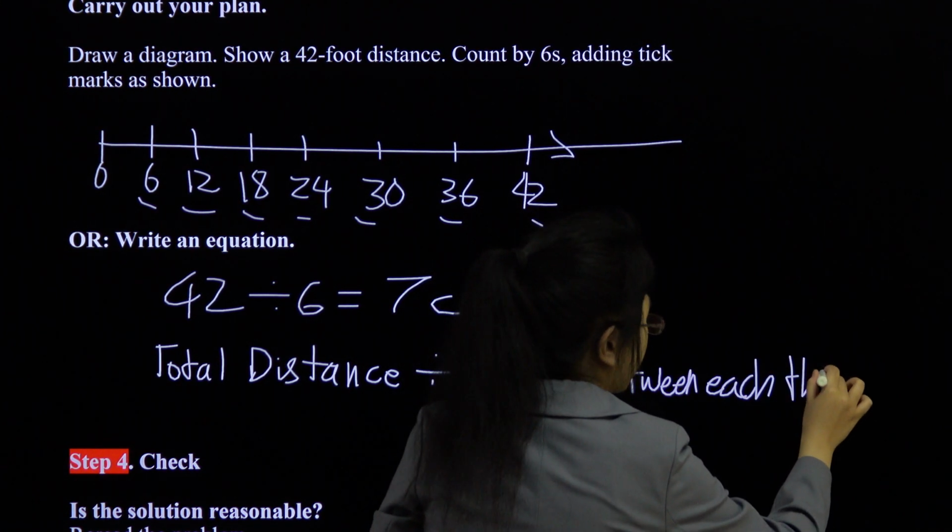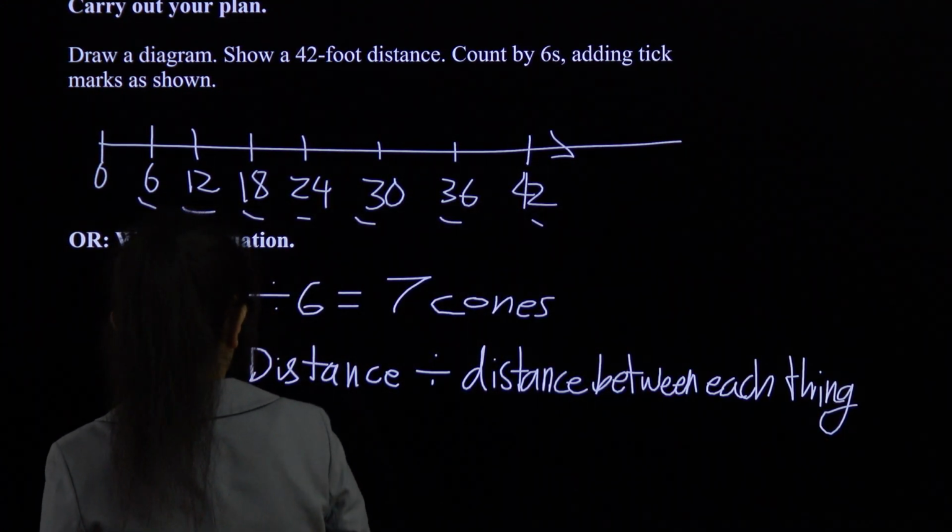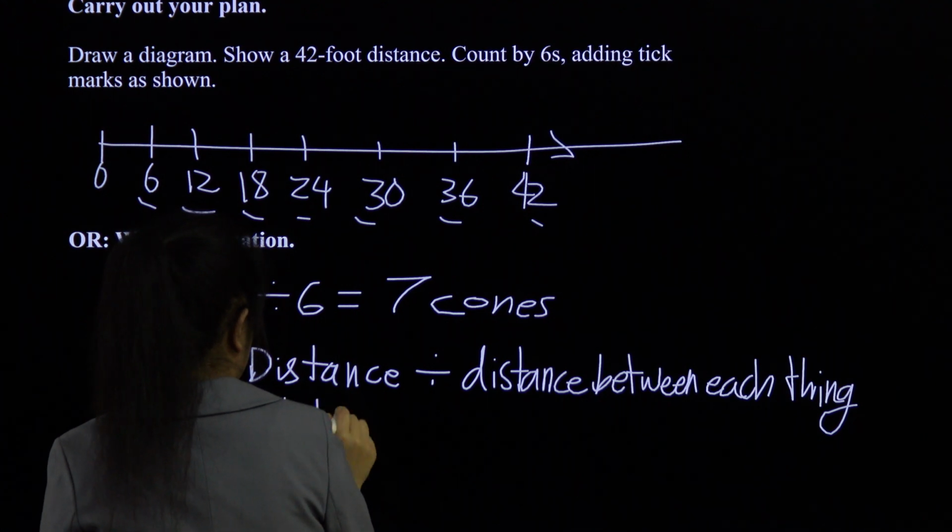It might be a cone, it might be a bush, plus 1 equals the total number of things.